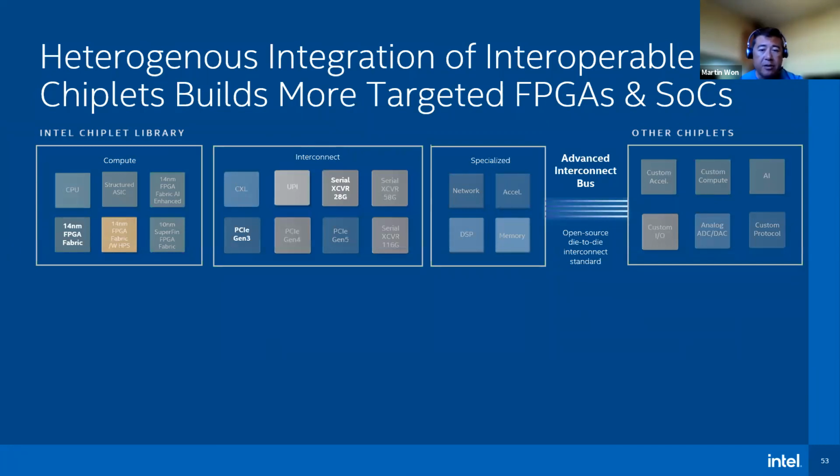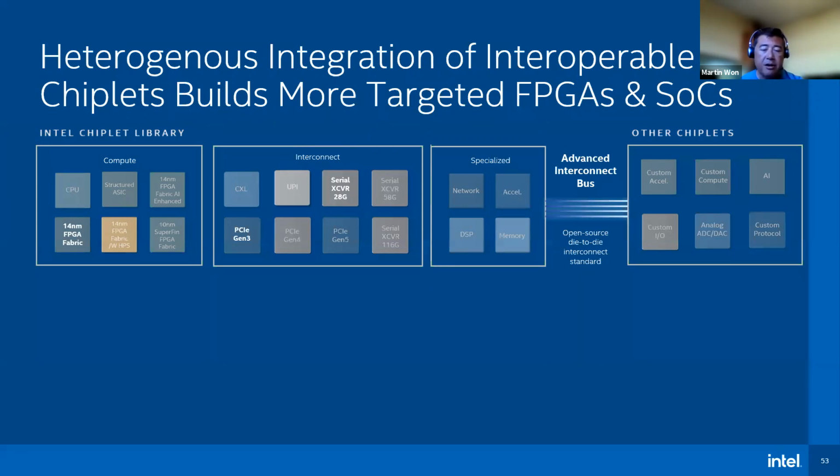So on the left, you see a box called Intel Chiplet Library, and you see a wide array of functions developed on a number of process nodes that really are providing the building blocks for complex, highly capable FPGAs.